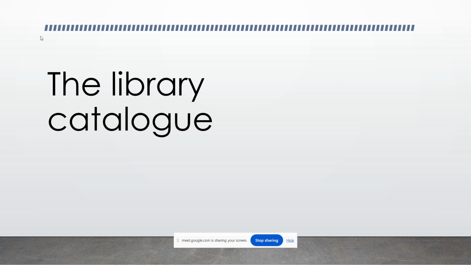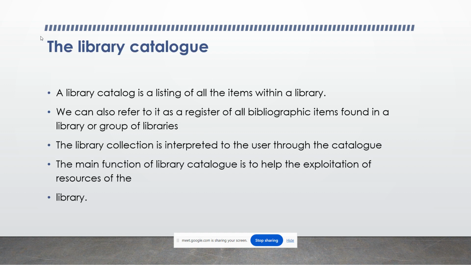Like I'd said, today we'll be covering the library catalogue, what it is, and how to use it to get access to our resources. A catalogue is a list of all the items within a library.